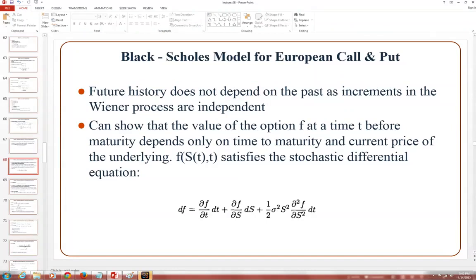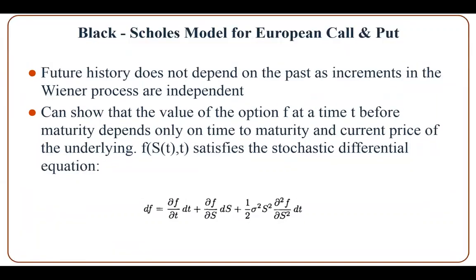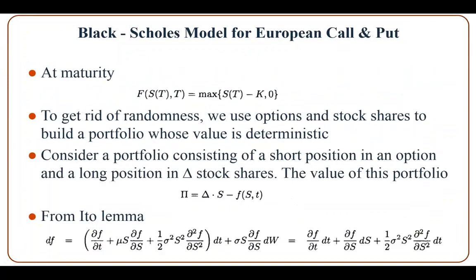We can show that the value of the option F at time t depends on the time to maturity and the current price of the underlying asset, and satisfies the stochastic differential equation. At maturity, the option value is max of the asset price at maturity minus K and 0.